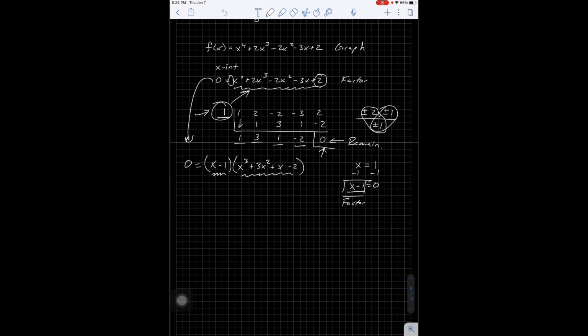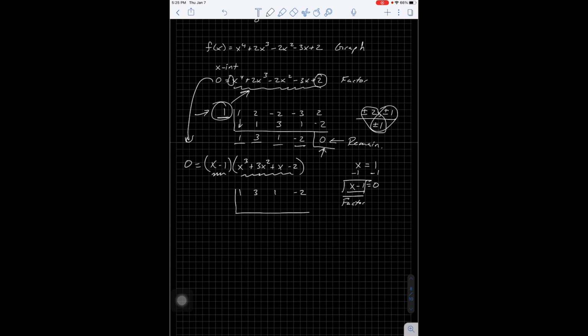So before we do all that, I'm going to go ahead and factor that again, and how I'm going to do that is use synthetic division. So again, the constants come down, so I've got 1, 3, 1, and negative 2, and I'm going to draw my little L bracket there.